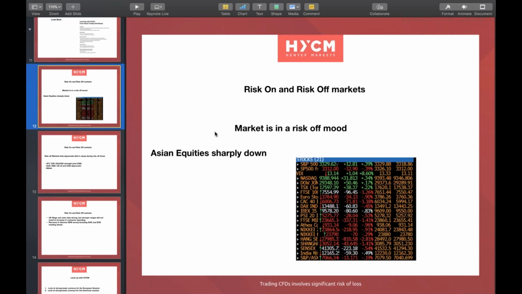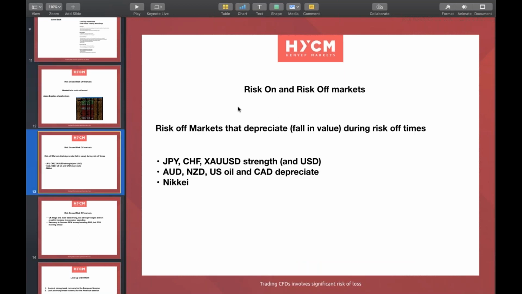Now, what would we typically expect to see in a risk-off market? Well, we typically expect to see yen strength, Swiss franc strength, gold strength, and possibly US dollar strength. You have to remember that the US dollar is a currency that can be bought in risk-off markets, but it isn't always, so I put that in brackets.